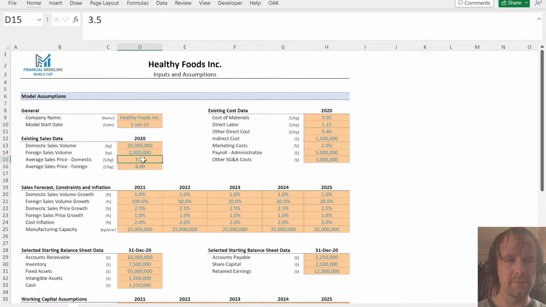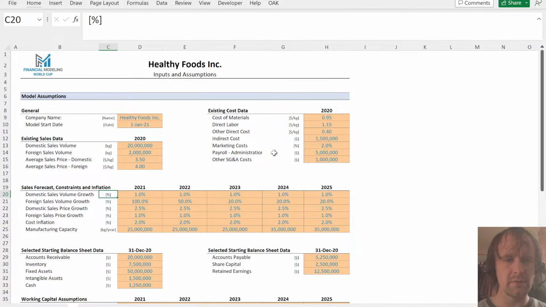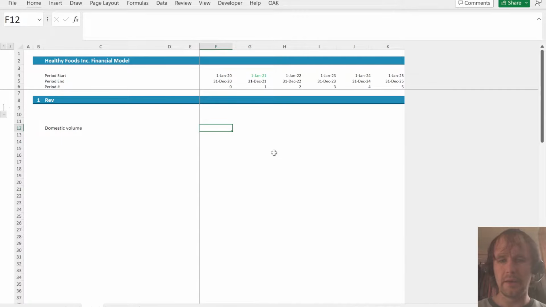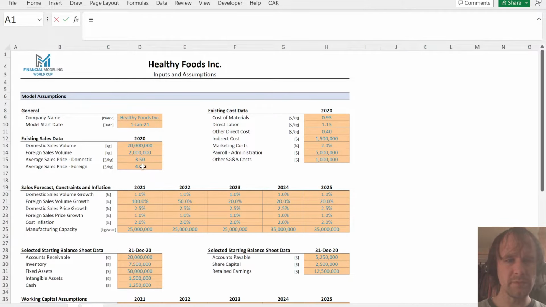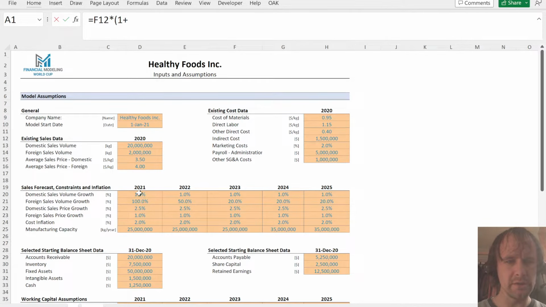So we've got, sorry, where are we? What are my percentages? Okay, so, never mind. So domestic volume. I'm starting with revenues after all. So 2020, it's that, and then this times 1 plus this growth rate.